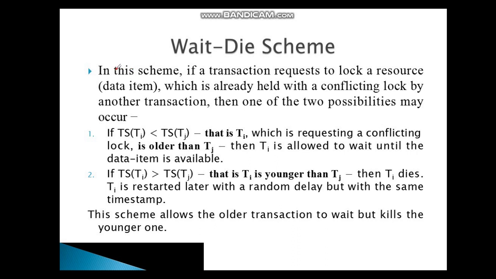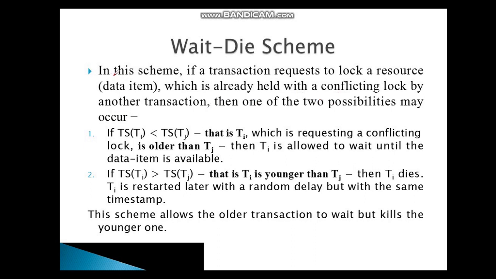Let's see what happens in the wait-die scheme. In this scheme, if a transaction requests to lock a resource, or any data item, which is already held with a conflicting lock by another transaction, then one of two possibilities may occur.